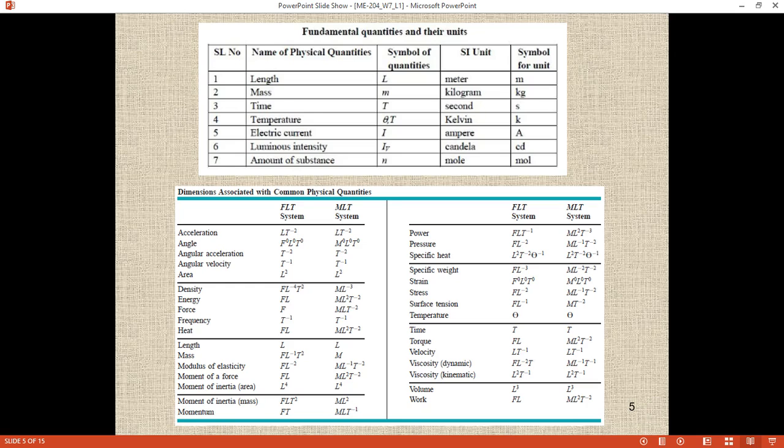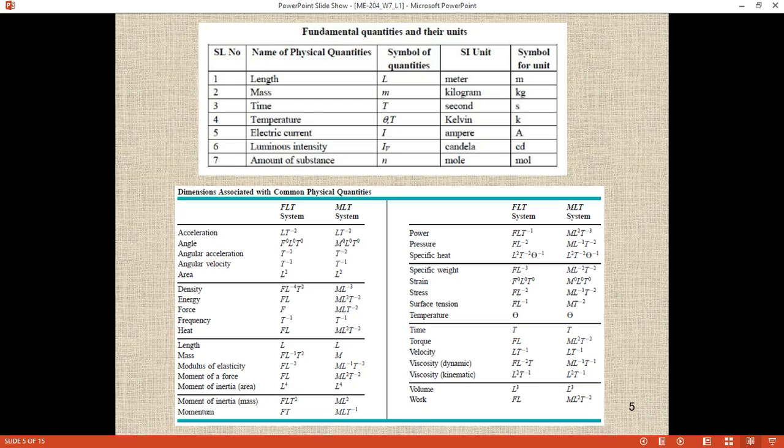But in the FLT system you have to convert mass into force. What is mass equal to? F is equal to ma, so if you change it to the other side, you put the unit of force.